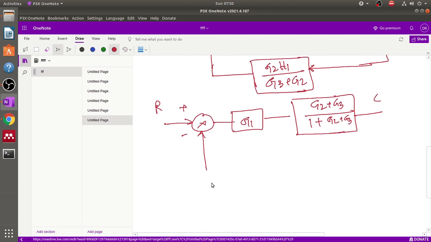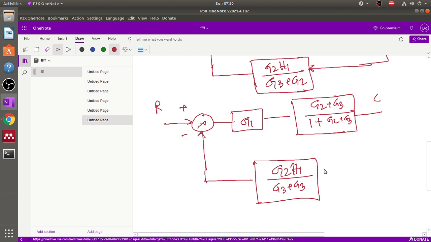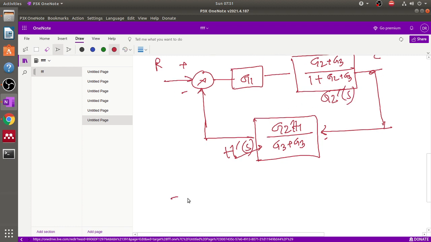Now here the main block, the feedback block, is G2 into H1 plus G3 plus G2. So now, to reduce the complexity of this mathematics, we consider this as the gain H dash S and this as G2 dash S. So now what does the block diagram look like?